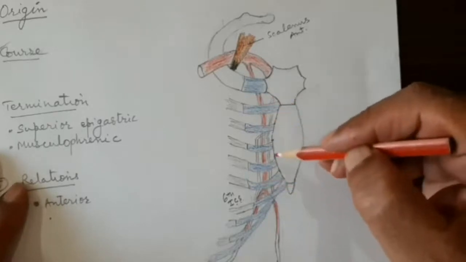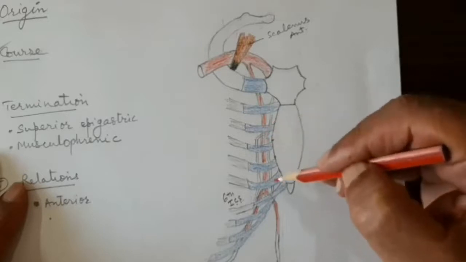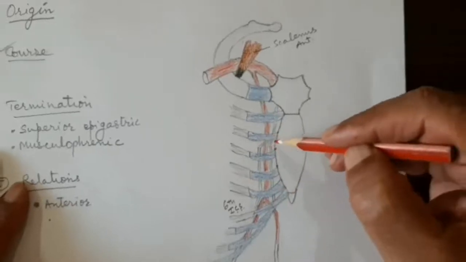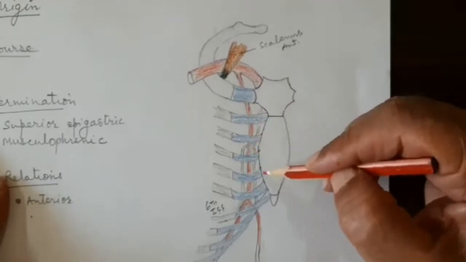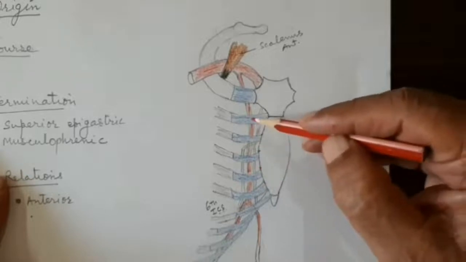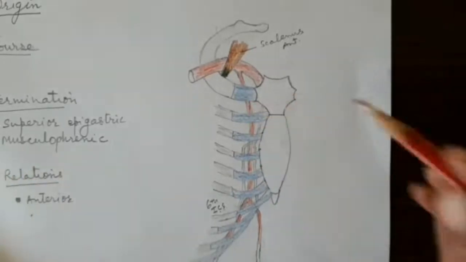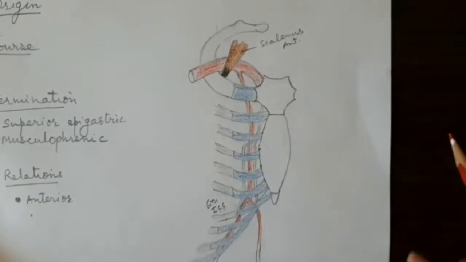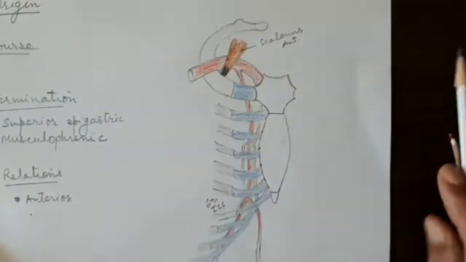Throughout its course, it lies very close to the lateral margin of the sternum, about 1 to 1.5 centimeters away from it. So this completes the course of the internal thoracic artery. Then let us come to the termination.